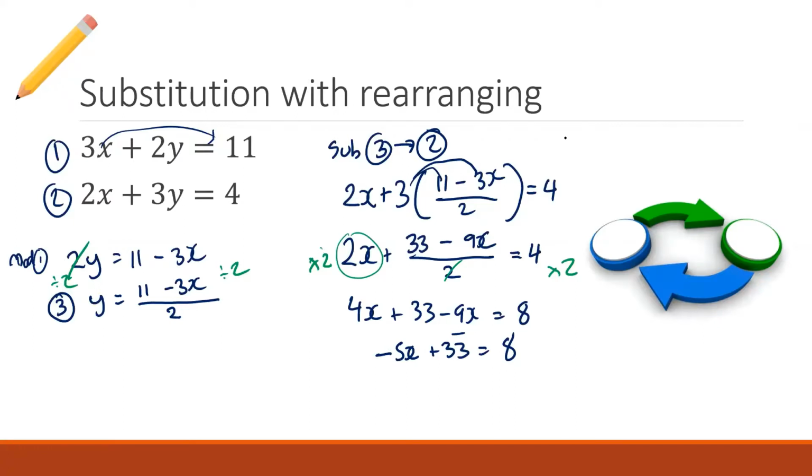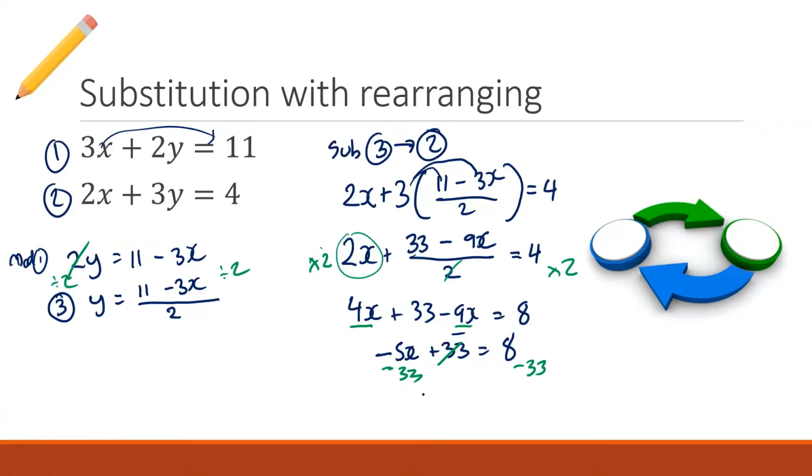Now, we're getting close. What do I need to do now to this equation? Someone let me know. What's the next step? Next step is to minus 33. Thank you. Minus 33 from both sides. 8 take away 33 is going to give us, I'm actually going to use the calculator because I'm going to make a mistake if I'm not careful.